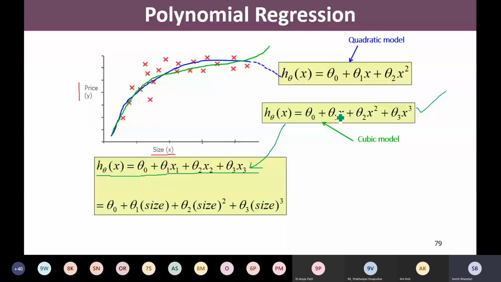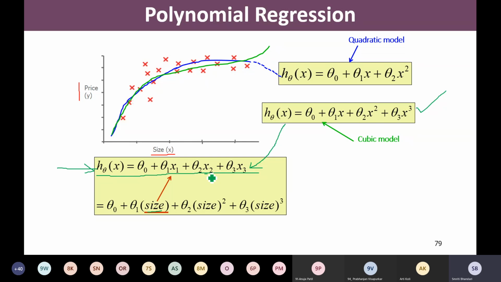So how can I relate this cubic model? Just see here, what is my feature? My feature in my problem statement right now is x, right? And I want to fit such a cubic model. So if I know such a hypothesis for multiple regression, I will think that my x1 here is the size, that is my feature.